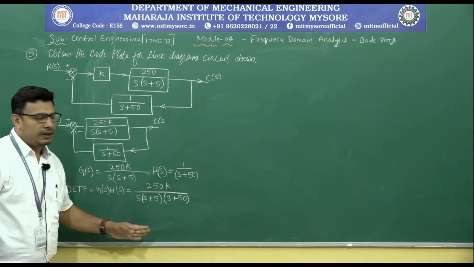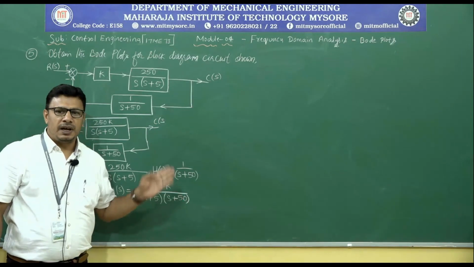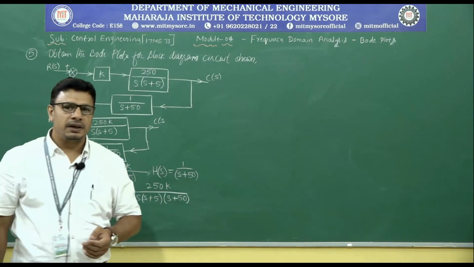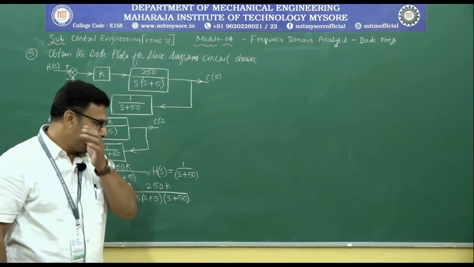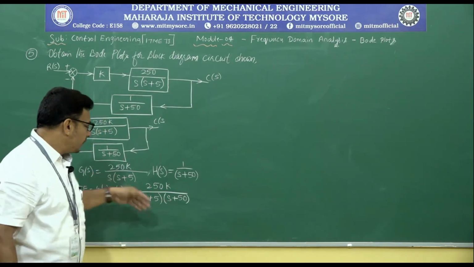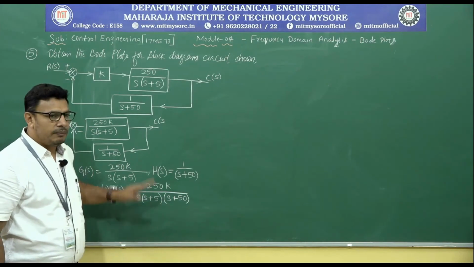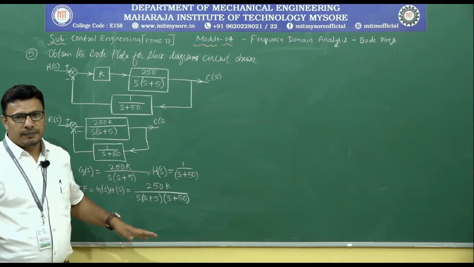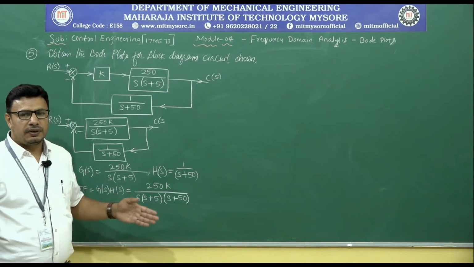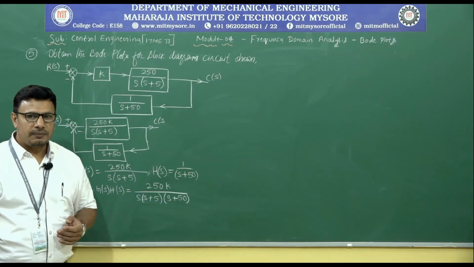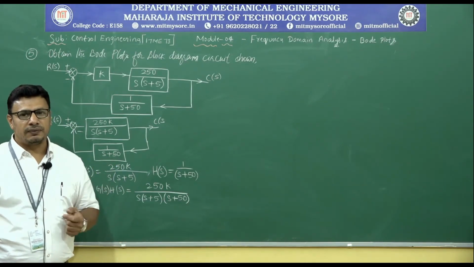Now hereafter the procedure remains the same as for all the previous problems that we have solved in these sessions. So what will be the procedure? First, to draw the magnitude plot, you will bring it into the standard format. Then the next step is to find the corner frequencies. Next you will find the starting point by assuming a starting frequency.